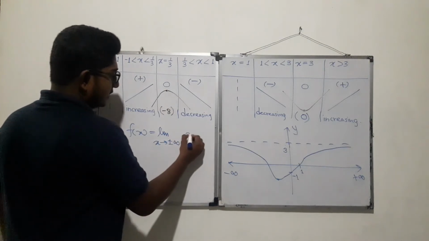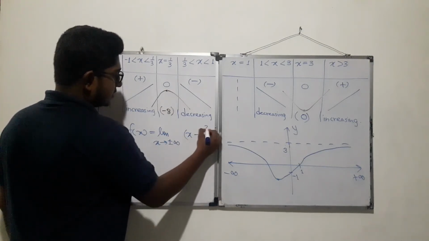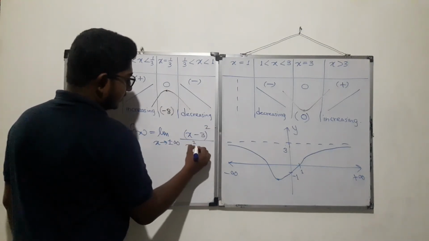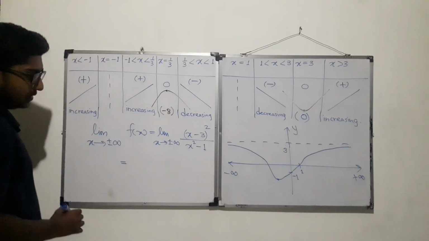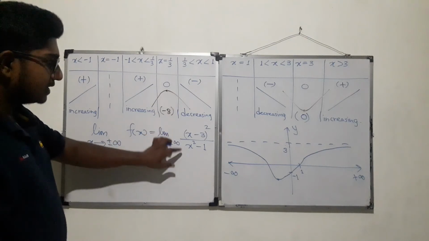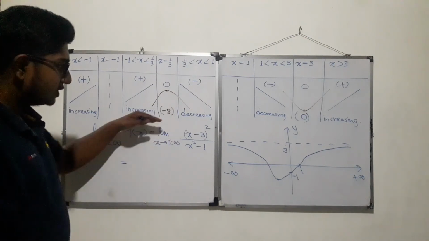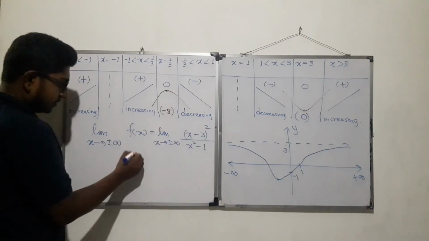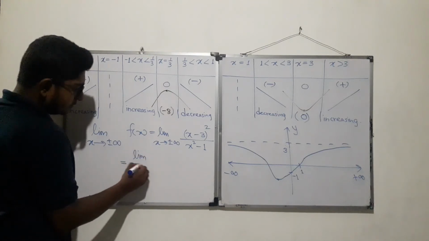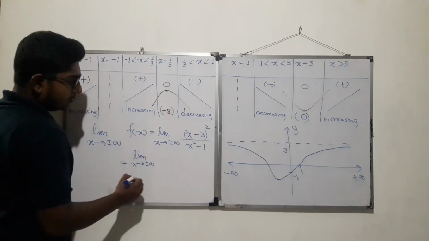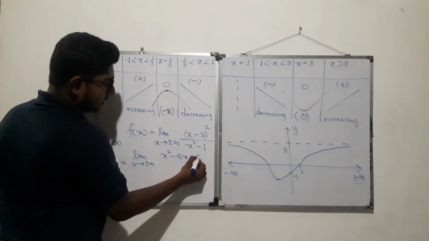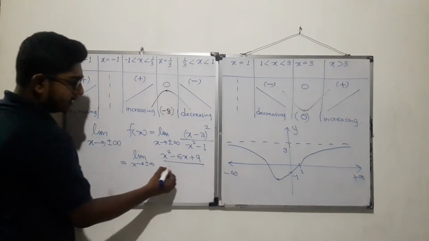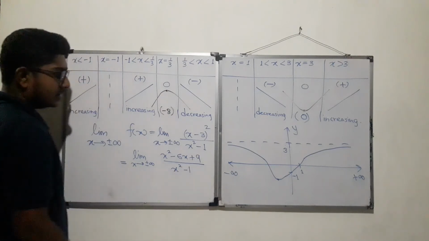So our function is (x minus 3) squared over x squared minus 1. When you have these kinds of expressions to find limits, first you have to expand them. So this gives you x squared minus 6x plus 9 divided by x squared minus 1.